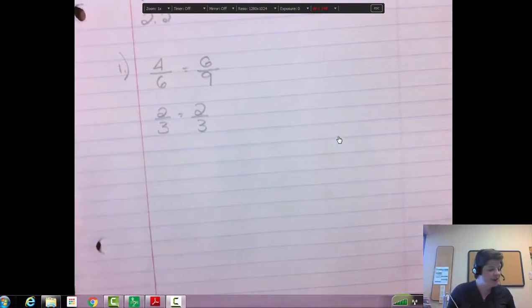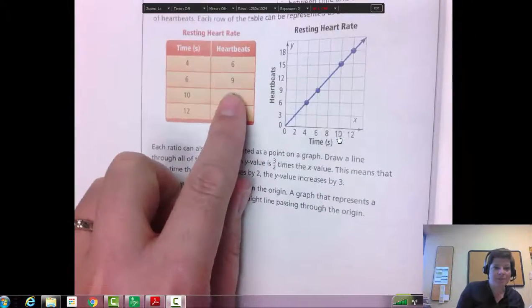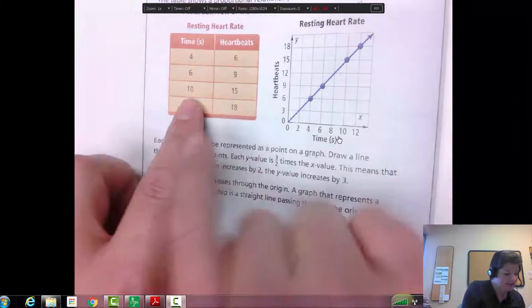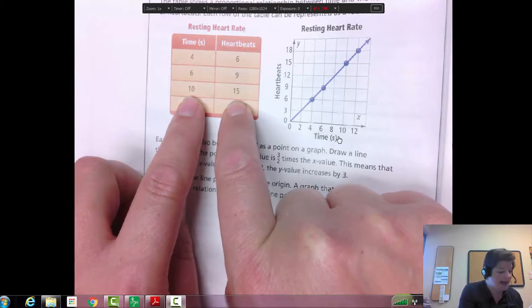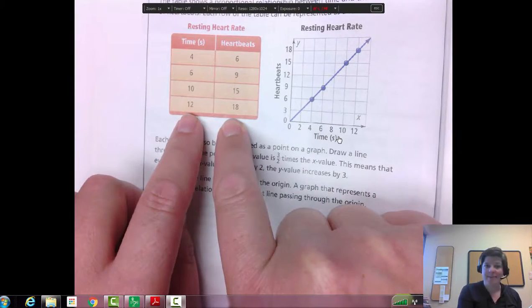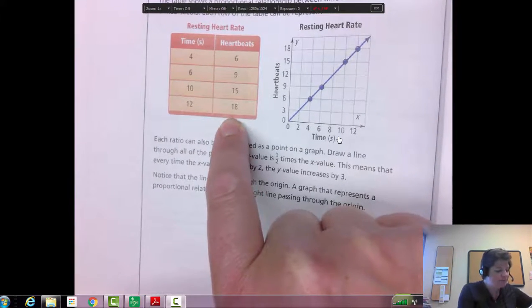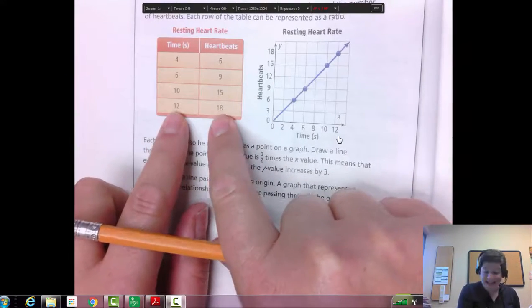All right, so I just looked at the first two, and they reduced to 2/3. Now let's look at 10/15. If I divide them both by 5, I get 2/3. For 12/18, same idea, if I divide them both by 6, I get 2/3.